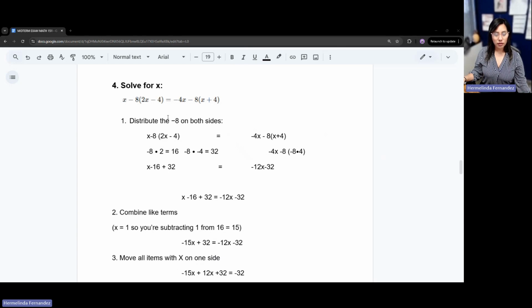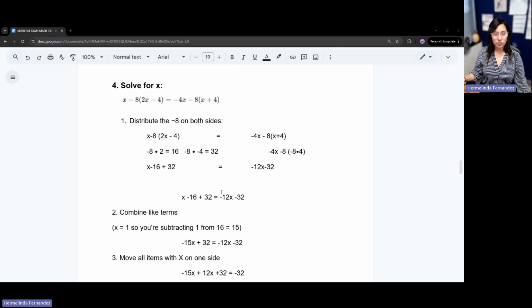On the left side, you have x, negative 16 plus 32. On the other side, you do the same thing: negative 8 times 4 is 32, and that side will be negative 12x.